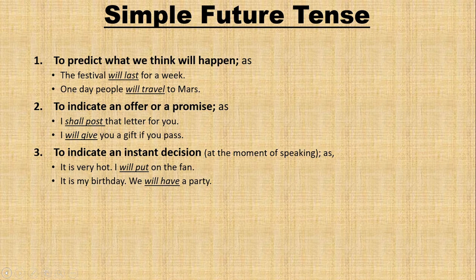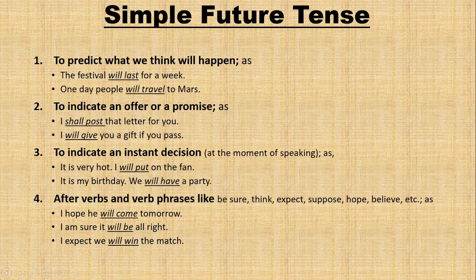Alright. And then comes after verbs and verb phrases like be sure, think, expect, suppose, hope, believe, etc. We use simple future tense. Like, I hope he will come tomorrow. I'm sure it will be alright, and I expect we will win the match.